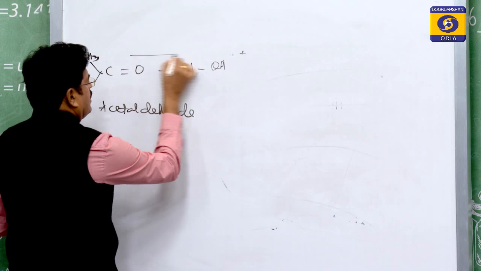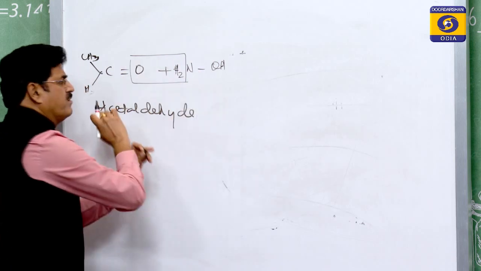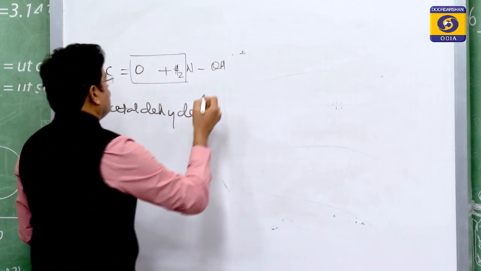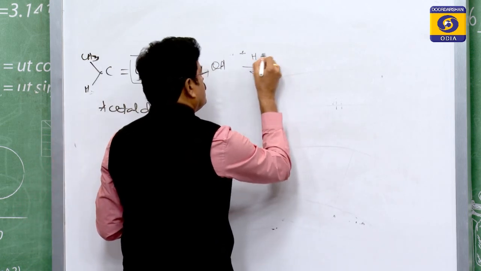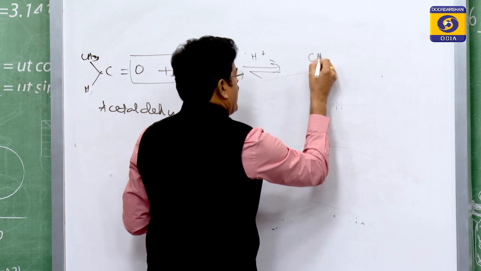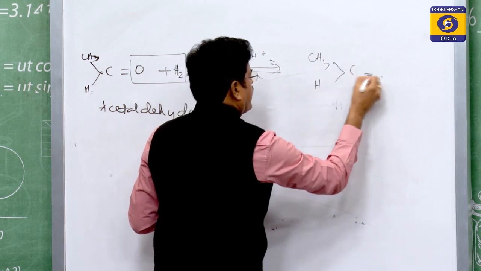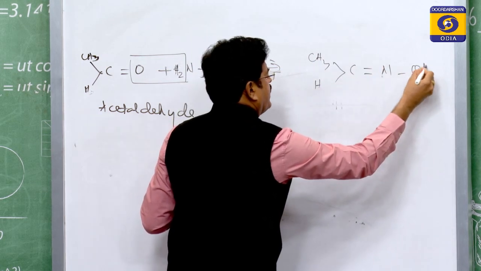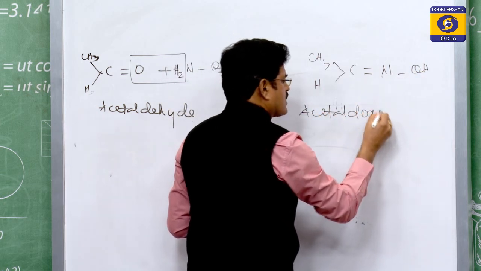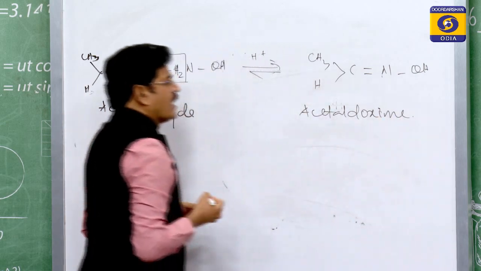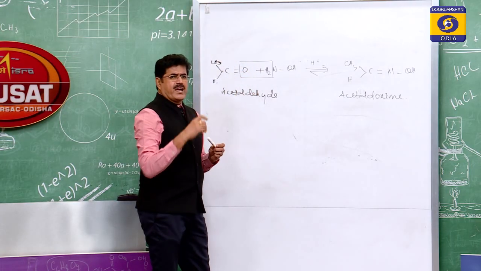If you write like this, eliminating from the first intermediate, the product forms. Remember, the reaction is carried out in weakly acidic medium. This is acetaldoxime.